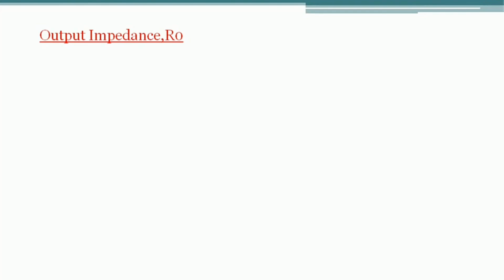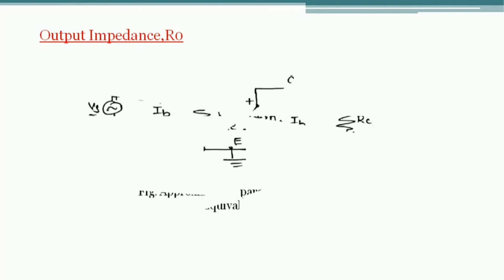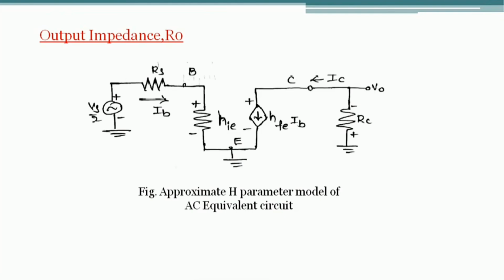By considering the approximate H parameter model of the dual input balanced output differential amplifier, the output impedance is the impedance seen at the output terminal voltage, here Vo. From this we can say that the output impedance Ro is nothing but the value of resistor RC. So finally the output impedance Ro is RC.